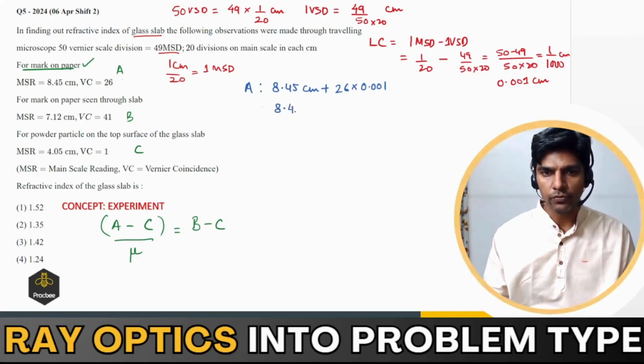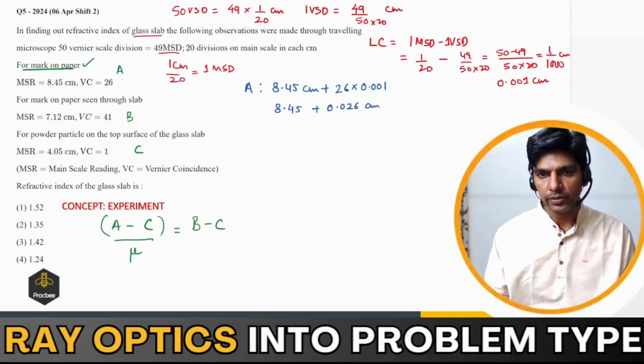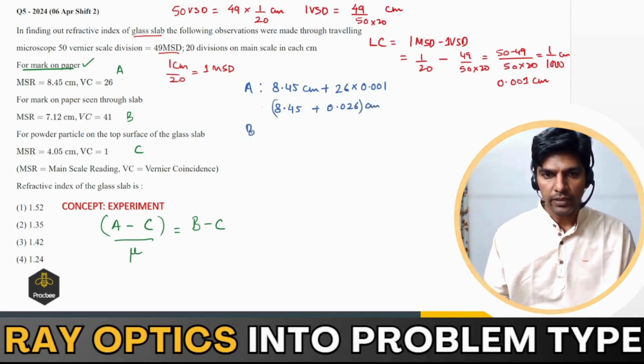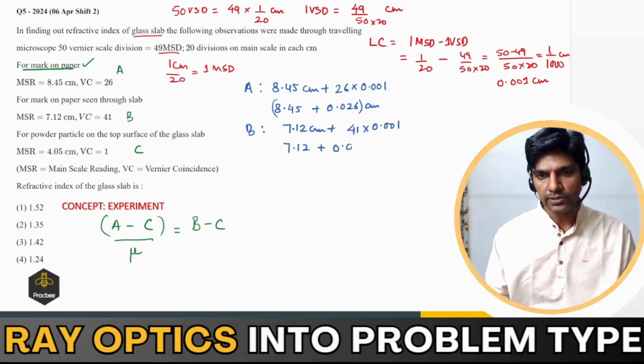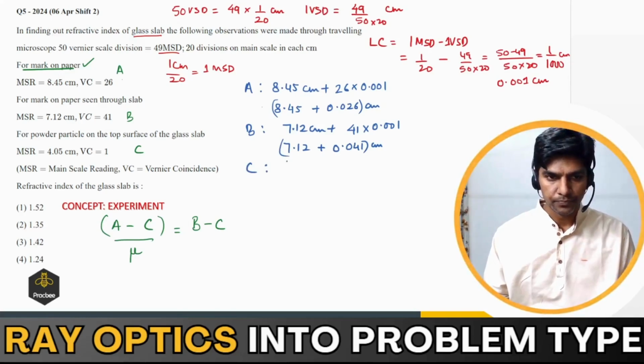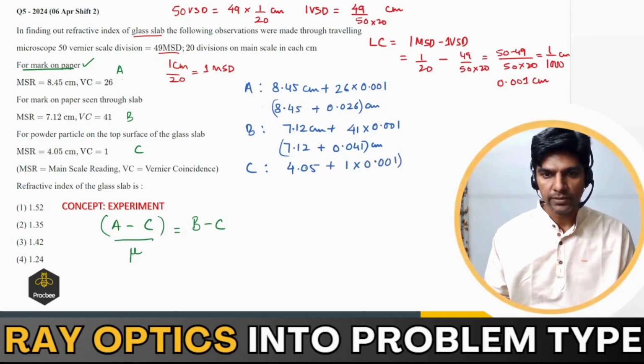So this will be 8.45 plus 0.026 centimeters. And B will be 7.12 centimeter plus 41 times 0.001 centimeter. So that will be 7.12 plus 0.041 centimeters. And C will be 4.05 plus 1 into 0.001 in centimeters.